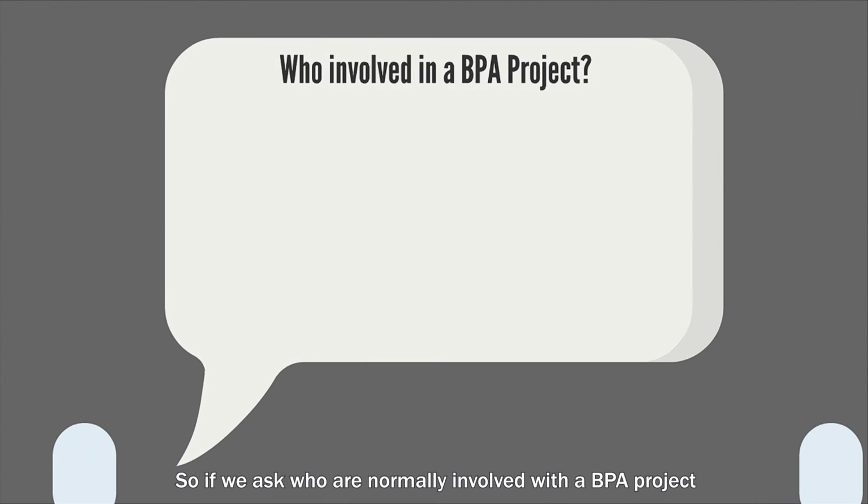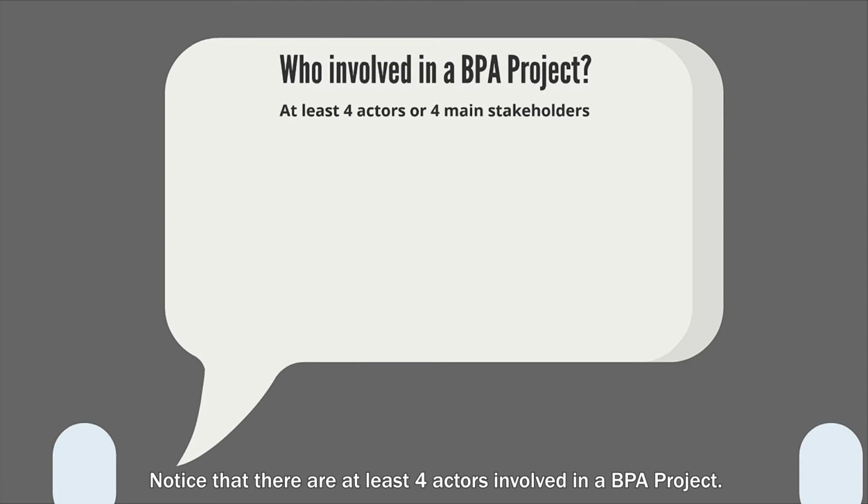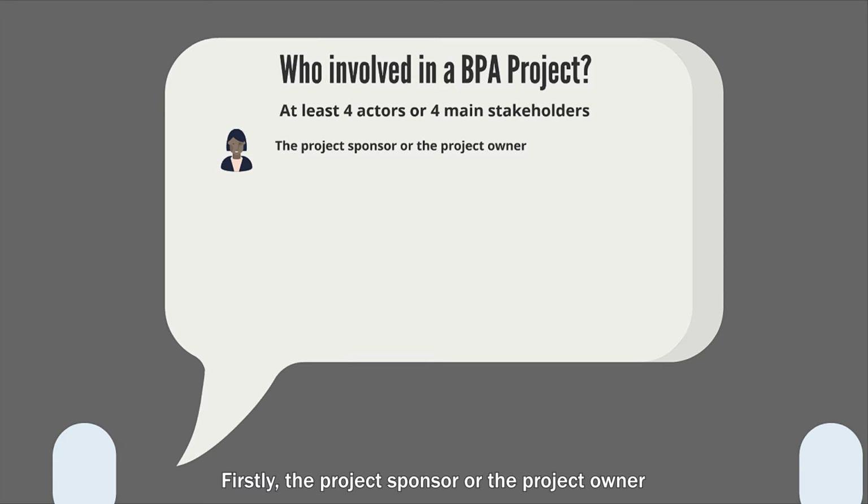So if we ask who are normally involved with a business process analysis project, notice that there are at least 4 actors involved within a BPA project. Firstly, the project sponsor or the project owner.